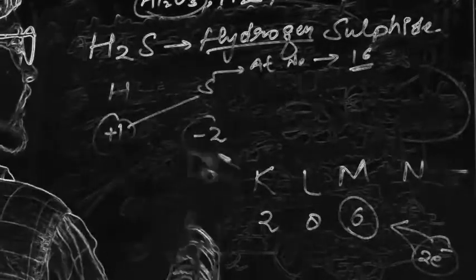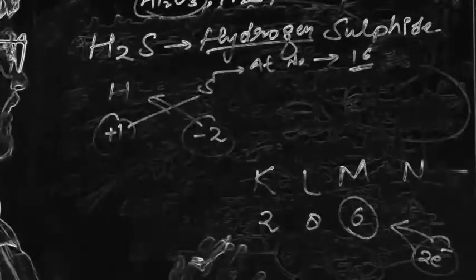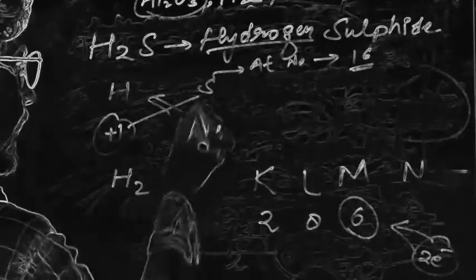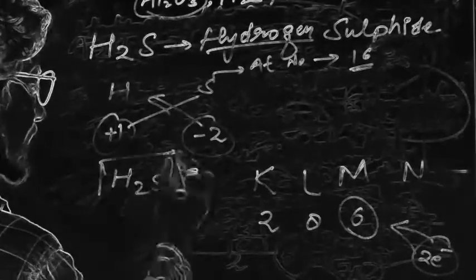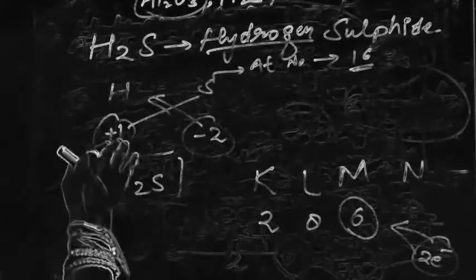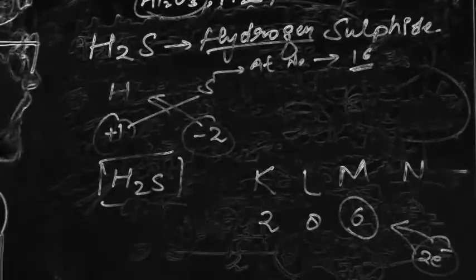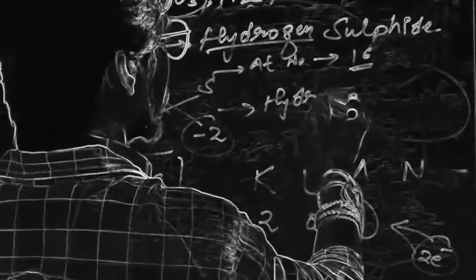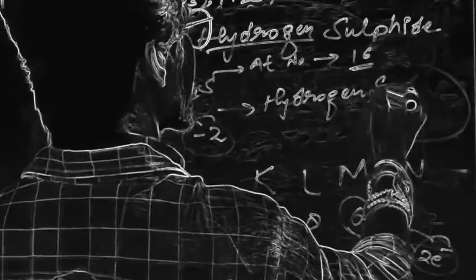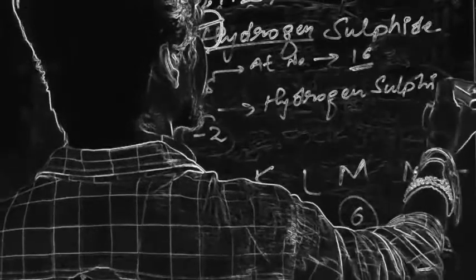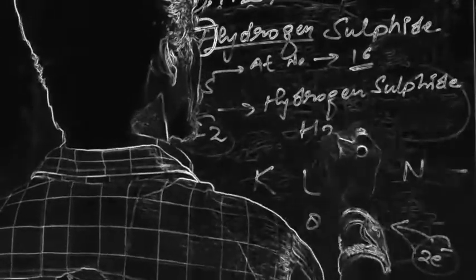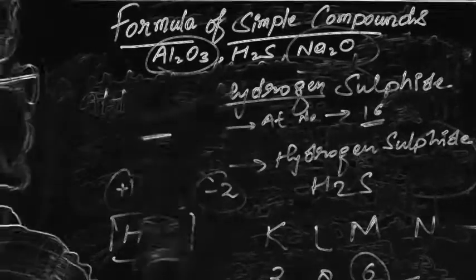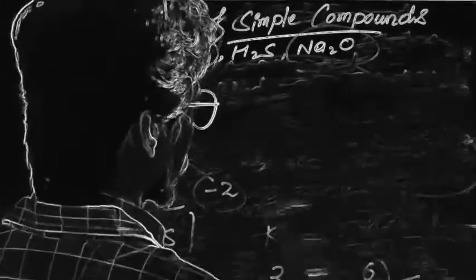Valencies will get exchanged, but signs are not necessary to be mentioned. H2S, that is the chemical formula so formed because one is not necessary to be mentioned. So this was hydrogen sulfide, H2S.